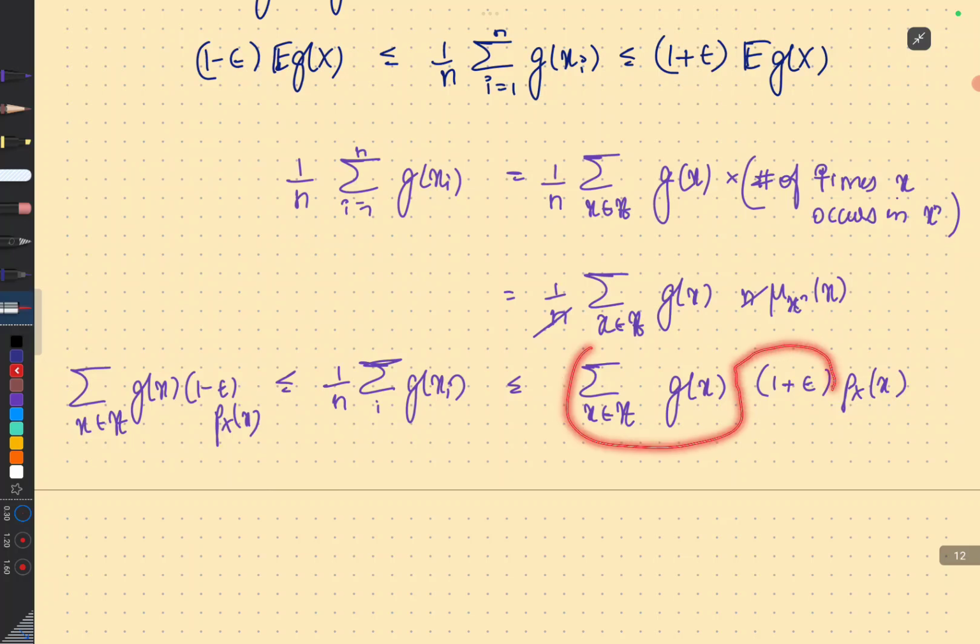But then what is this? If I take the 1 plus epsilon outside, what is the remaining quantity? It's just the expectation of g of x. Right, so that's straightforward.